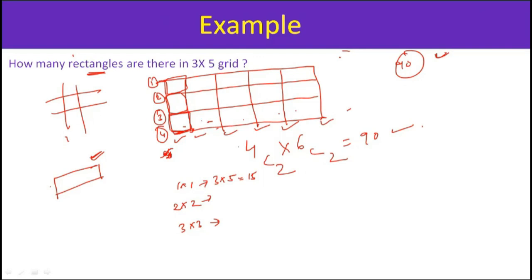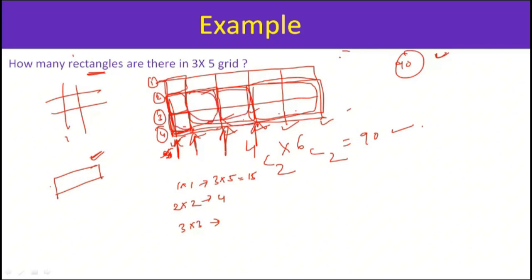Then how do we find 2 cross 2 squares? 2 cross 2 is this, right? This is the first 2 cross 2. I'll start from here, similarly from here, and the max I can go is till here. Because we have 5 grids, it is 5 minus 1, which is 4.